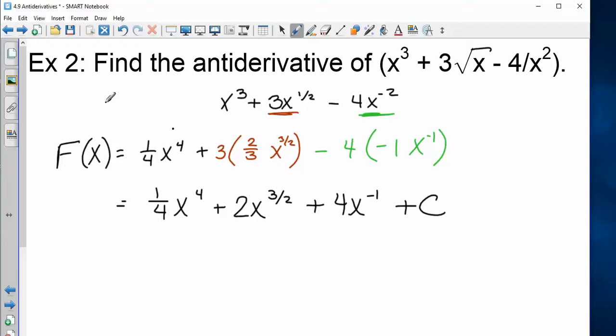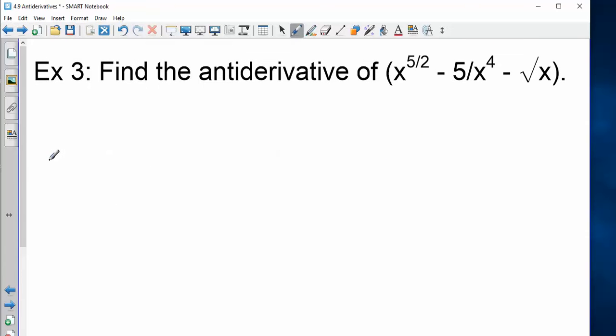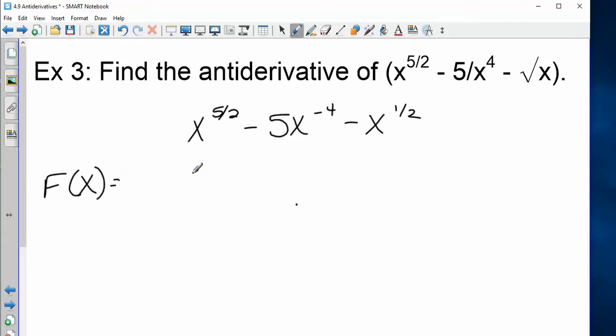I would like for you guys to try the next one on your own. So we have x to the 5/2 minus 5x to the -4 minus x to the 1/2 currently. So antiderivative. 5/2 plus 1 is 7/2, so you have to put 2/7 in front.